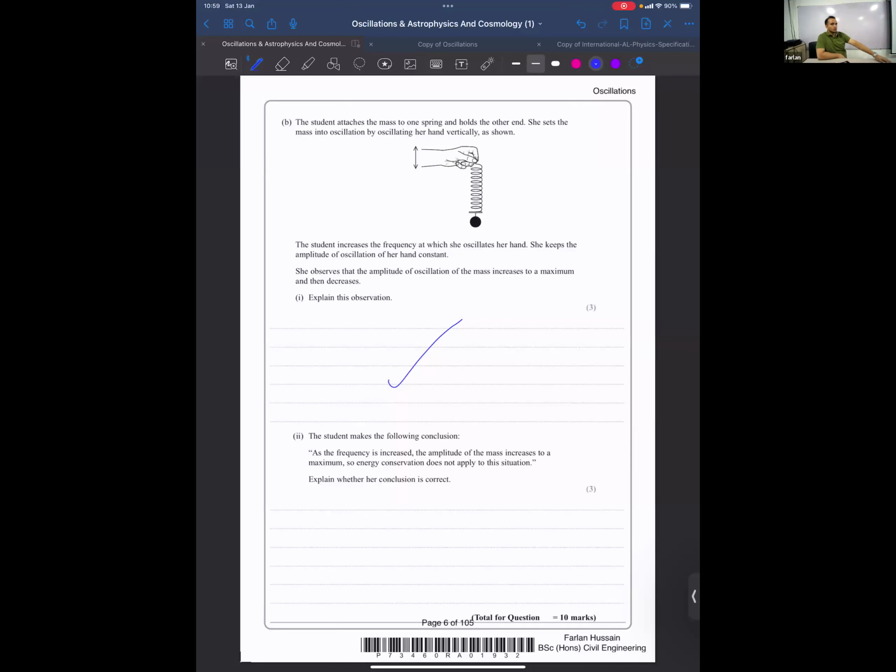When you increase the frequency, and the student is still supplying 100 joules per second, the mass and the spring will take more energy, let's say 70 joules per second. The energy given to the surrounding will decrease to 30 joules per second.